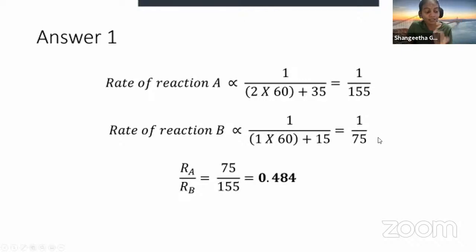When the question asks for reaction A relative to B, it means that they want you to take RA divided by RB. When you do that, you will get 0.484. So Kevin, you are almost there, just that you did not give me the final value. Okay, thank you.